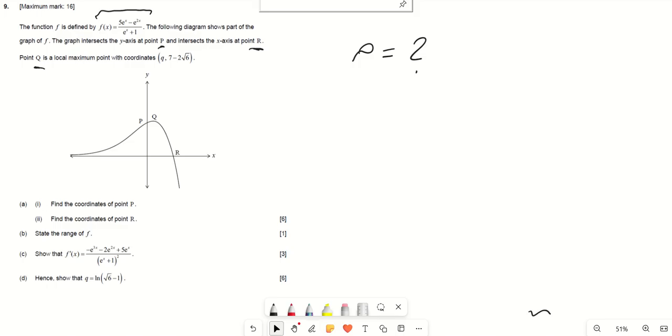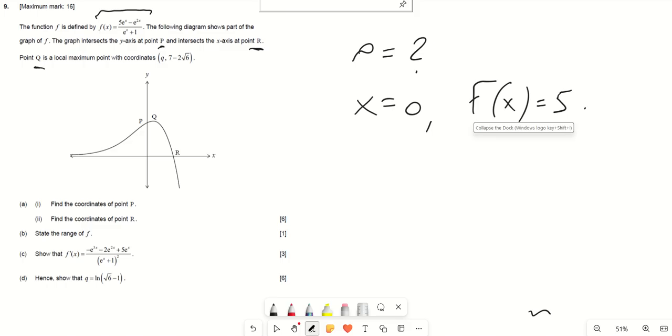The point P. So the point P is intersection with the y-axis, and therefore the x value is 0. And I have the function here: 5e to the power of x minus e to the power of 2x, divided by e to the power of x plus 1.